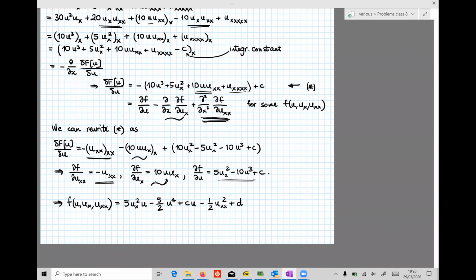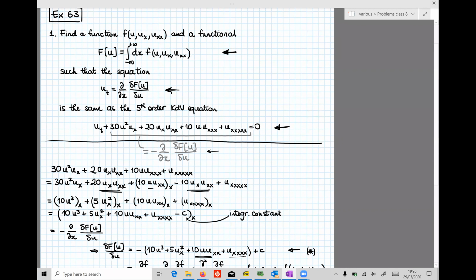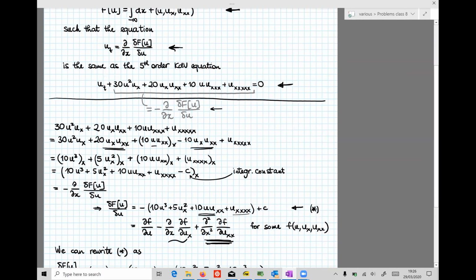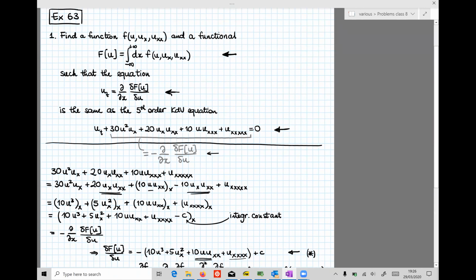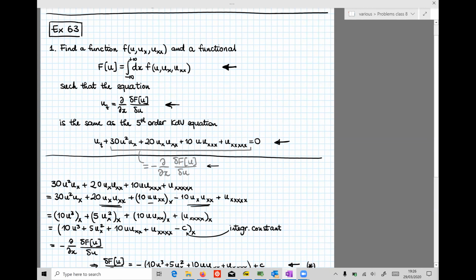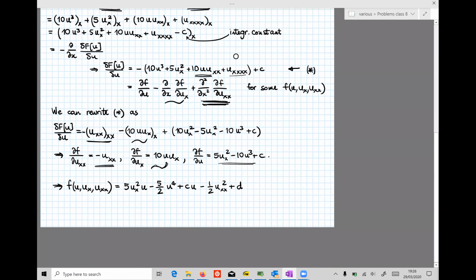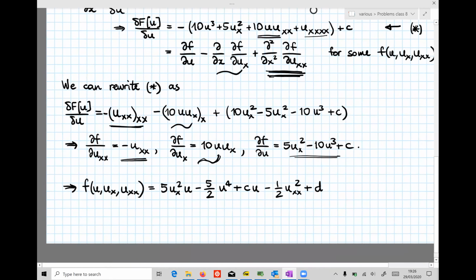Now, normally, for an equation of KdV type, we would assume that u and all its spatial derivatives go to 0 at infinity, and we would like the integral here to converge. But we see here that the integrand, when uxx tends to 0, the integral tends to d.